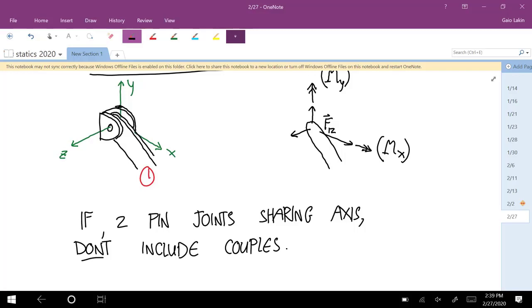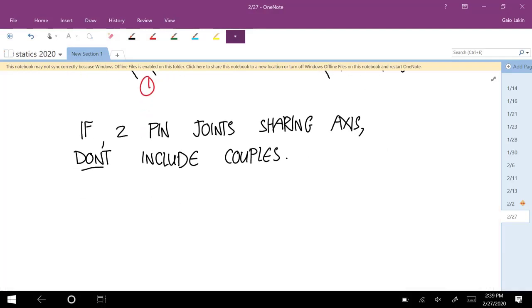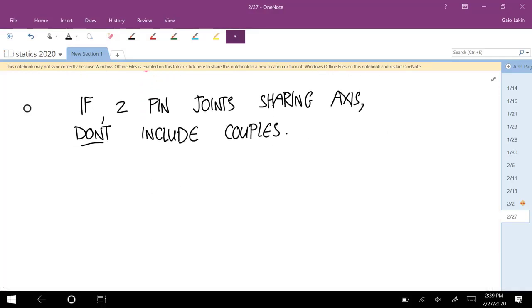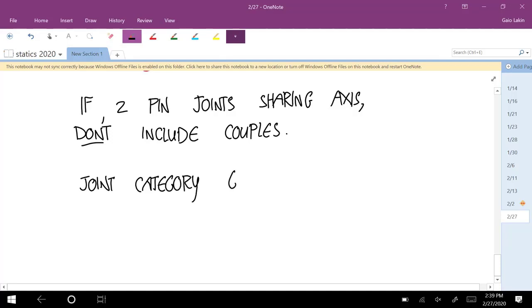And then the last one is easy. So that was joint category 5. So now we're on 6. So joint category 6. This introduces 6 variables into Newton's laws.